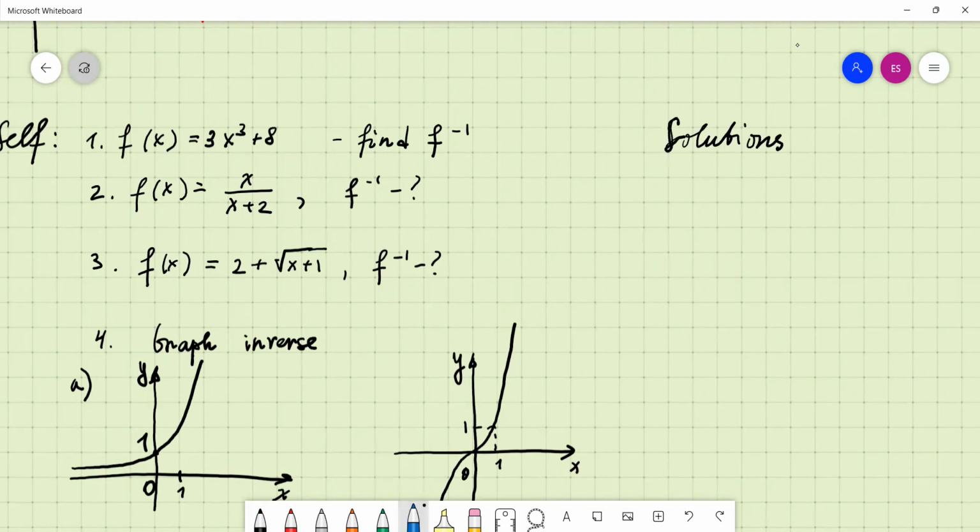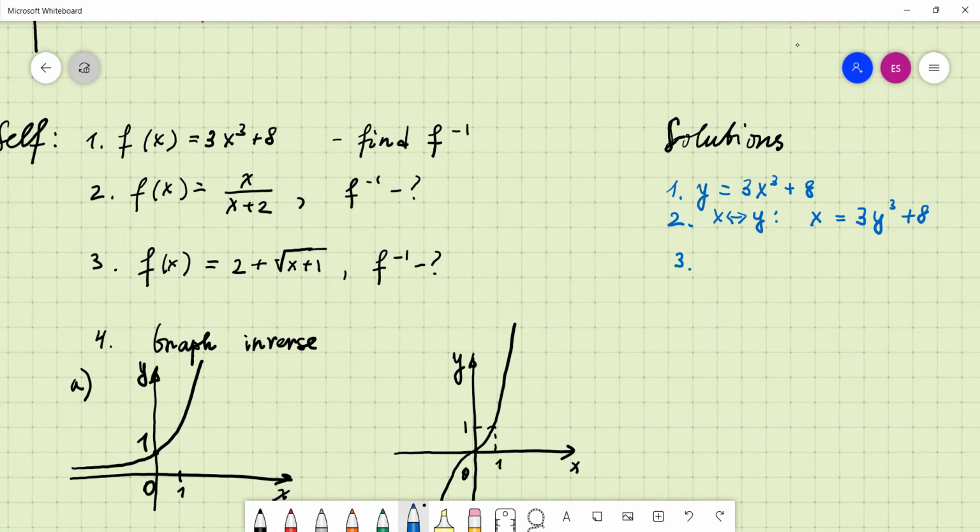Let's start with the first problem. Remember, step number 1 is to set y equals the function, 3x cubed plus 8. Step number 2, exchange x and y. So I'm going to have x equals 3y cubed plus 8. And step number 3 is to solve for y.